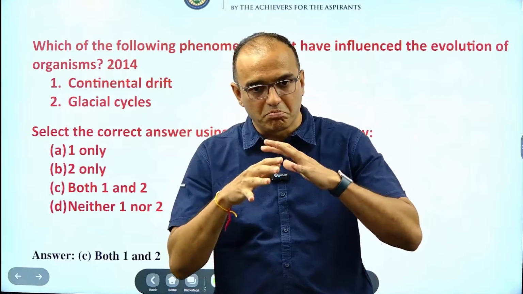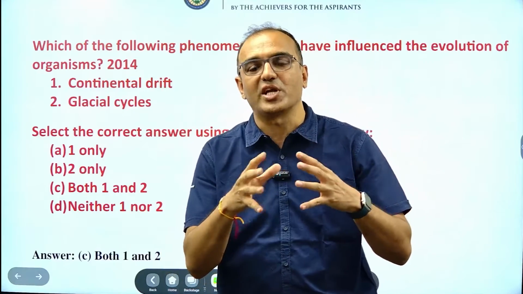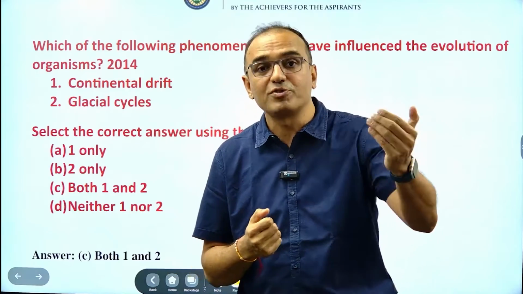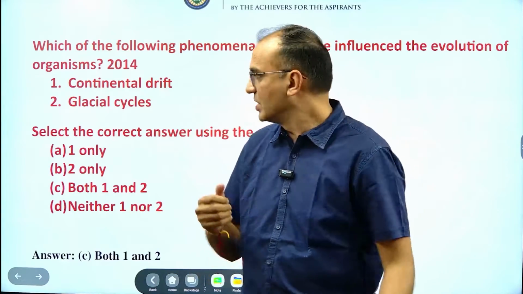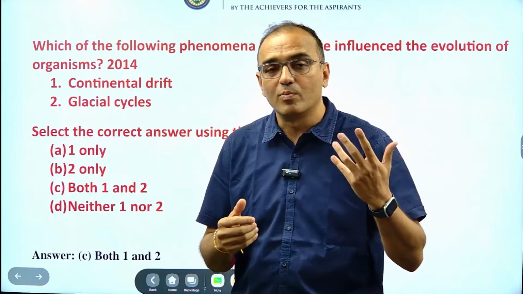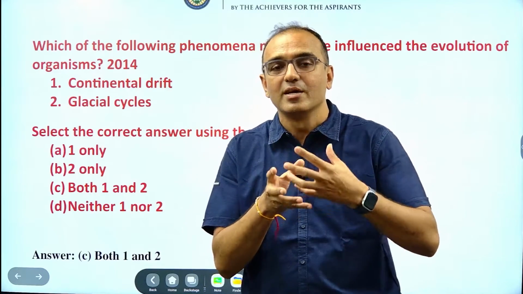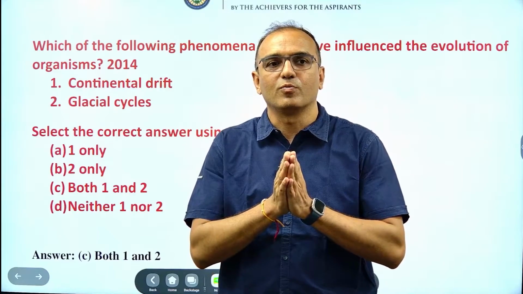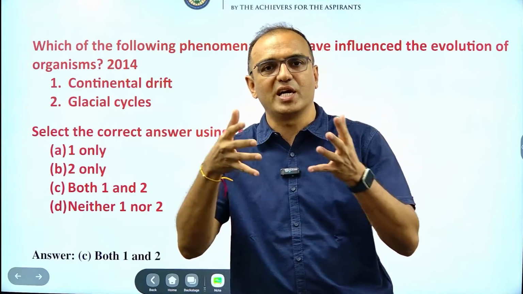And these glaciers blocked many channels or many lands and forced the organisms to shift more into the tropical area. This shifting may have resulted in the species moving across different landscapes. For example, say South Asia and Southeast Asia.